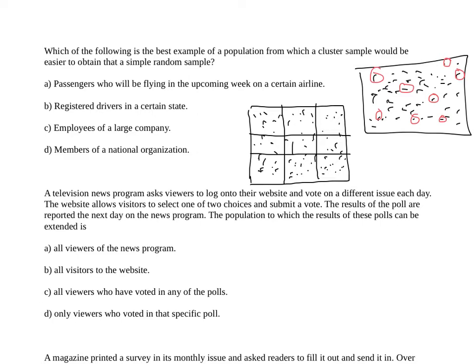So in a cluster sample, what do you do? Well, you're not going to just go willy-nilly choosing different screws from all over the drawer. You're going to say, okay, let's just look at this compartment, and maybe I want to increase the power of my test, so I'll do another cluster sample and look at that compartment.